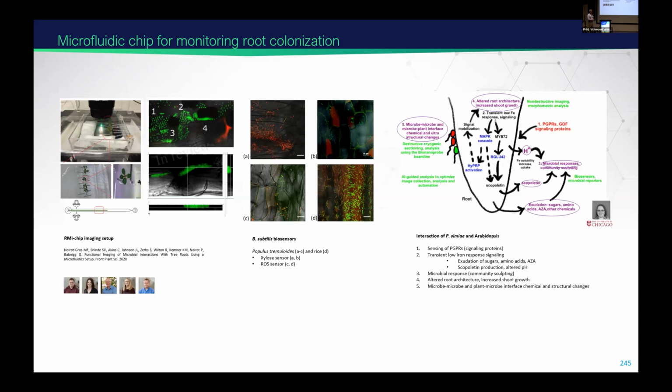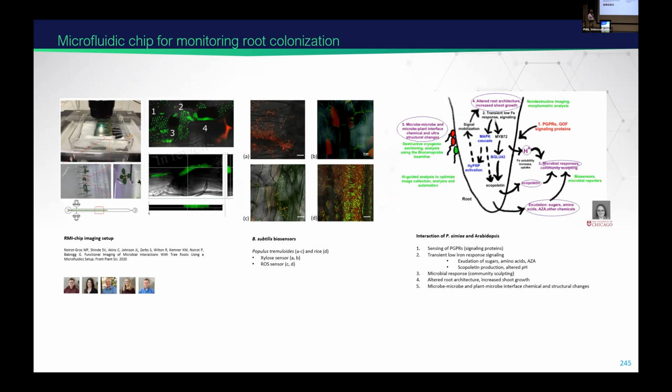And then, as I said, we collaborate with Jean Greenberg's lab, and she has been working on figuring out a pathway that helps in the colonization signals. For example, as the Arabidopsis root senses PGPRs, there are some signals.